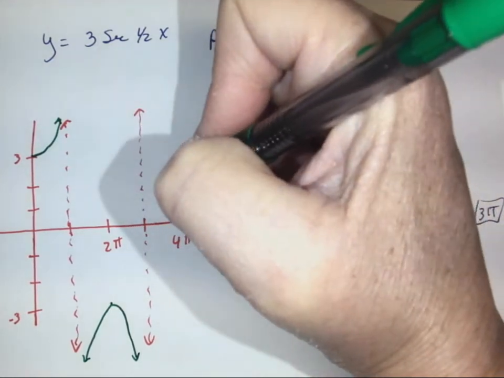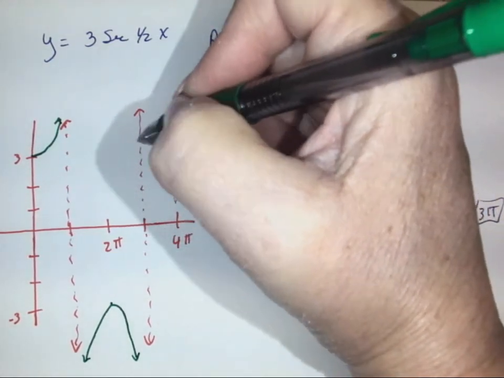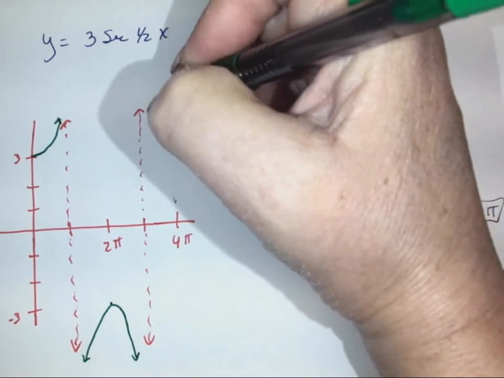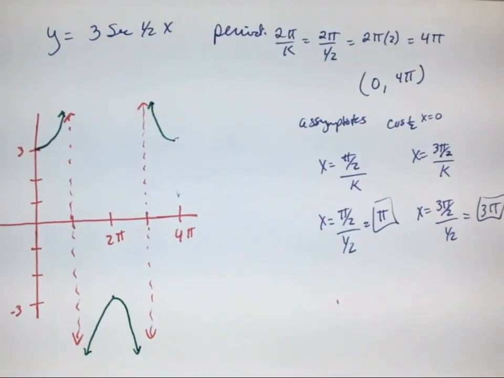And then this point here, because we've got to stop at the 4 pi, will curve up like this. And there you go. So that's graphing all of these types of graphs. And hopefully this made complete sense and that you can understand how to do it. And again, marking the significant points and letting the other ones go.